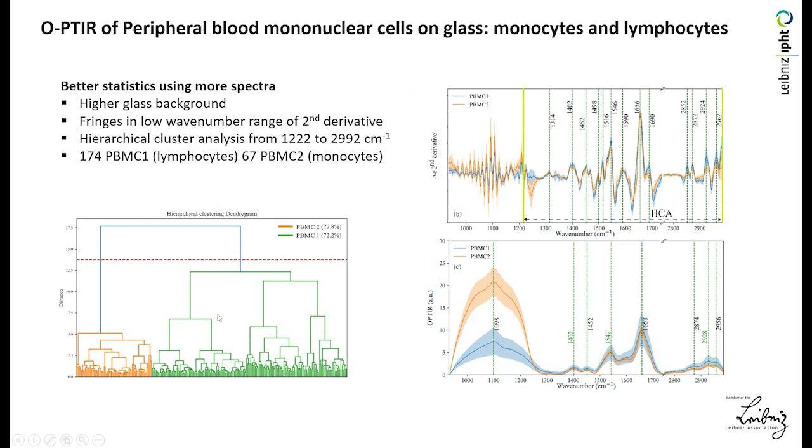And of course, it's well known that there are different types of lymphocytes, small and large lymphocytes, and T cells and B cells. And these classes are responsible for the subdivision observed here in the dendrogram.